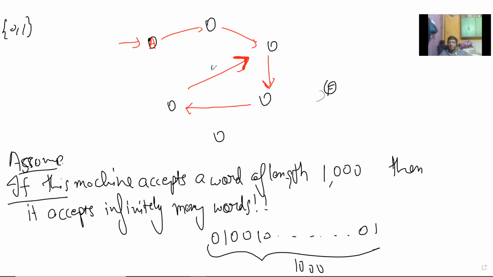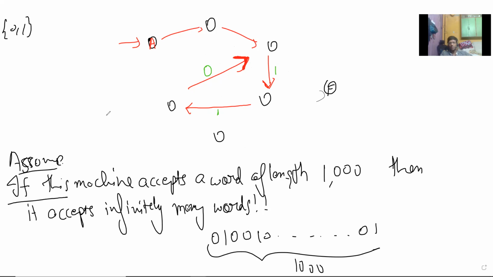To be clear, let's say this is 0, this is 1 and this is 1. So this word would have that 0, 1, 1 in it, because it traveled through this cycle.